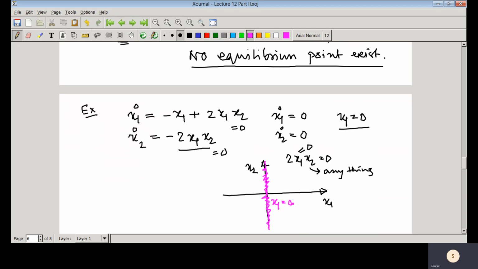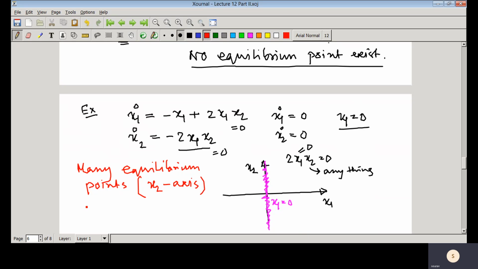Here you can see that x1 equal to 0 and x2 is anything. That means equilibrium points. So you have here many equilibrium points. In this case, basically the x2 axis, that x2 axis is the equilibrium point.